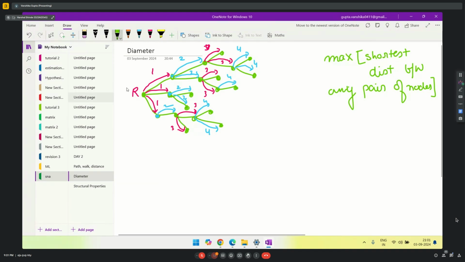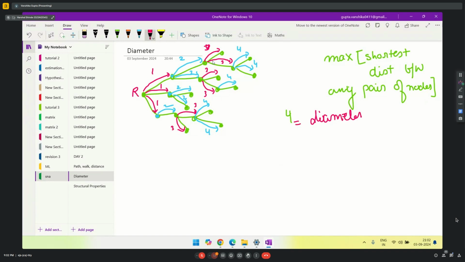My end number was the fourth walk. To complete the entire graph, I needed four walks. So here I can say that the diameter of this particular graph will be 4.